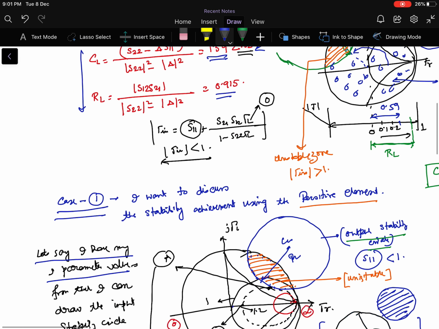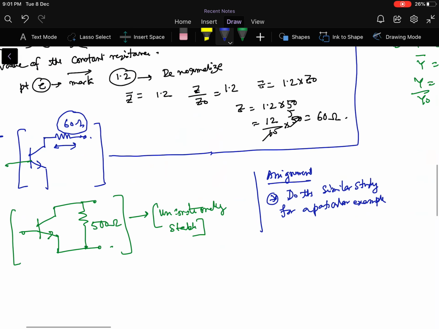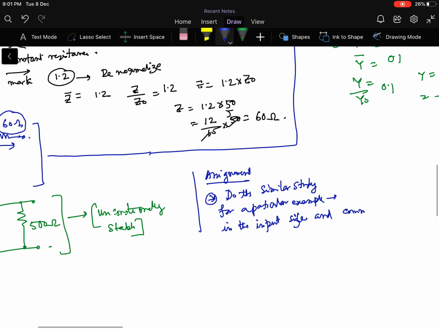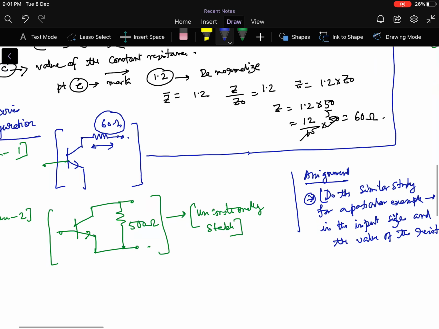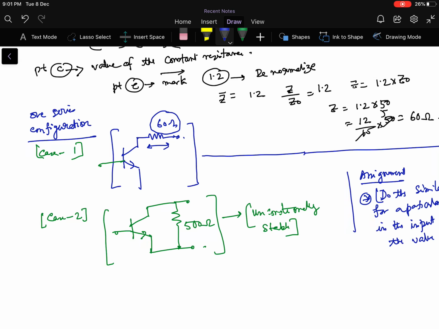You can take these values, do the analysis, and show the similar stability on the input side, and comment on the value of the resistors. If you find the values from the input stability circle, connect them at the input side.